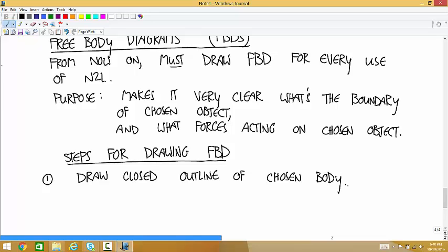The reason you want a closed outline is you want to be really clear to yourself about what things are inside the package that you're calling the chosen body, like when we isolated the two carts together. We want to draw an outline of that to say everything inside this outline is the chosen body, and we want to be really clear what's not included. Okay, so that's the point of the outline.